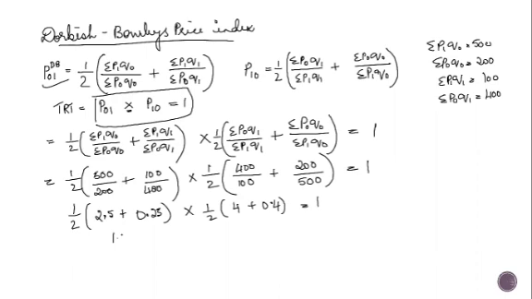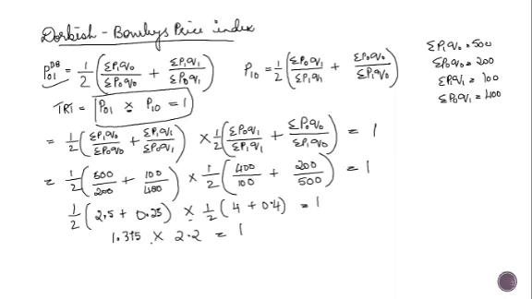Yes, 1.375. Into there. So, 4 plus 0.4, that is 4.4, into 1 by 2. You will get 2.2. That is equal to 1. Now multiply 1.375 into 2.2. What is the answer you get?